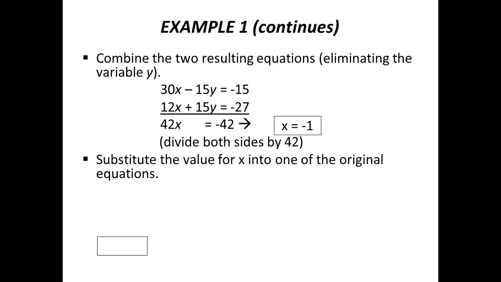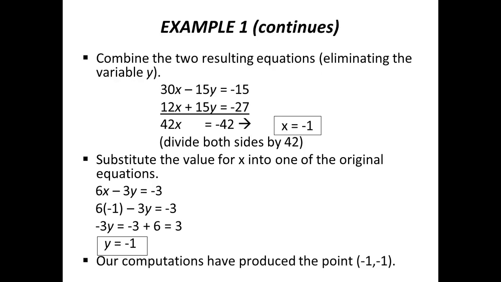Now substitute that x equals negative 1 back into the other equation, and this gives us 6 times negative 1 minus 3y equals negative 3, or negative 3y equals 3, or y equals negative 1. So this is a second algebraic method to arrive at a common solution to the system, (negative 1, negative 1).